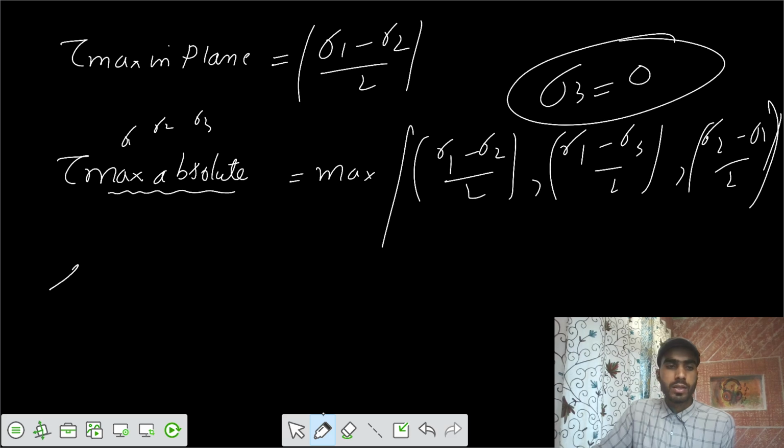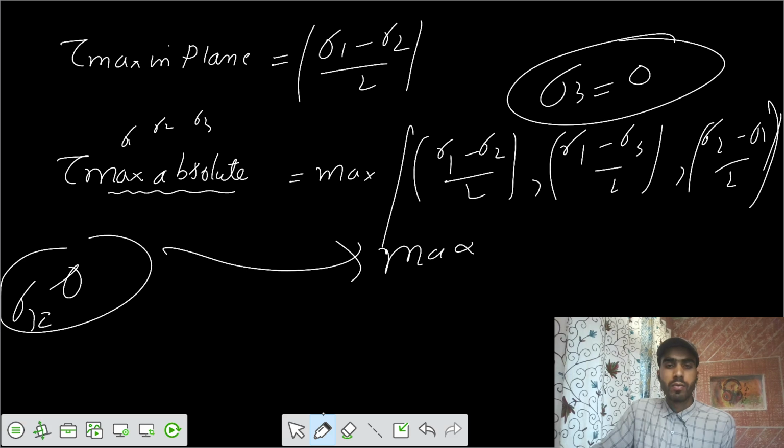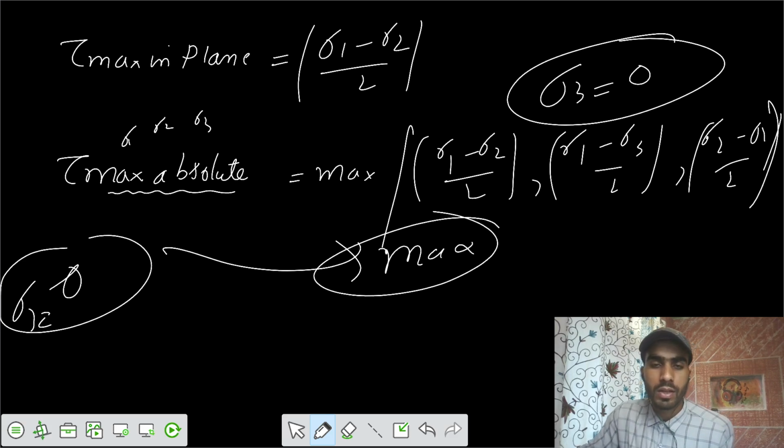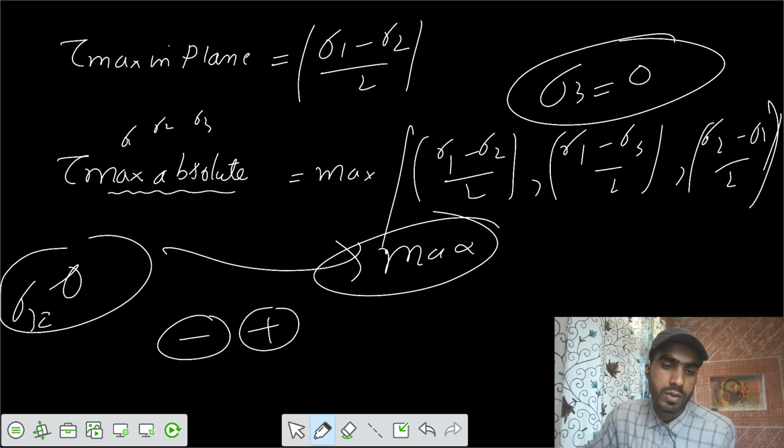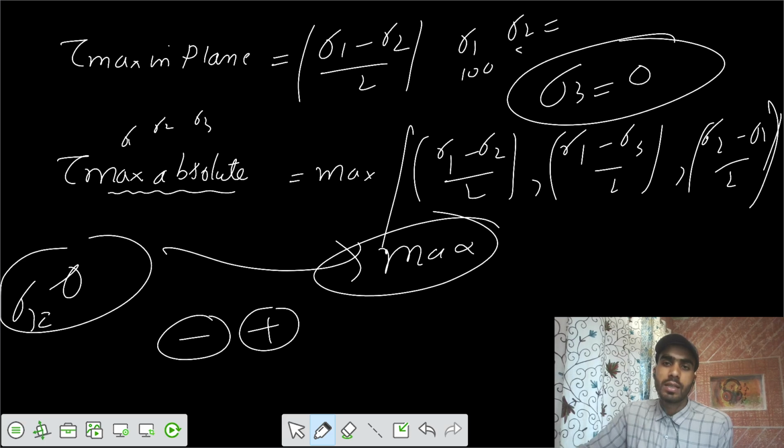If sigma 3 is 0, you can then find which one is maximum. It depends on the negative and positive signs of those stresses. Sometimes sigma 1 and sigma 2 are both positive. Let's say 100 and 50. Then 100 minus 50 by 2 gives 25.